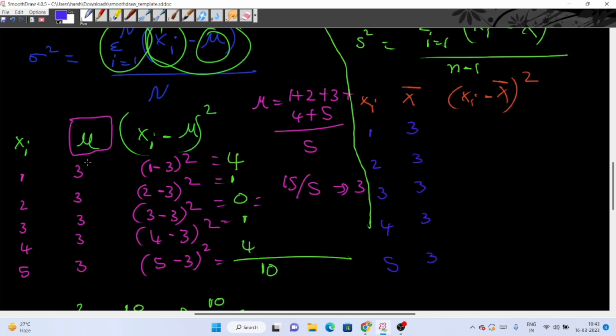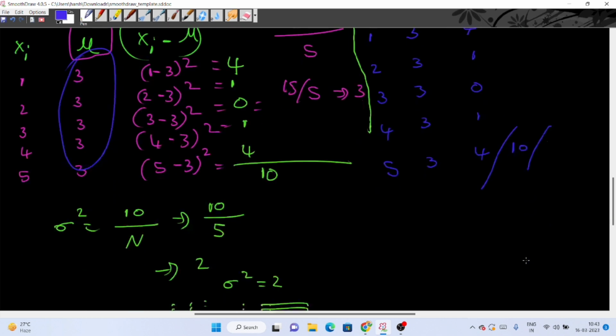Because I have already calculated it for the population which has the same data points. So it will not differ even a single point between sample and population while calculating mean. So I'm writing 4, 1, 0, 1, 4. So while we summate it, we will get 10.